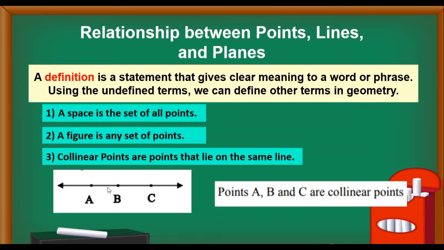Ayan. So, ma'am, paano po yun kung dalawa lang po? Pwede po kayang collinear points? Ang kadalasan po na tinatawag na collinear points ay 3 o higit pang point na nasa iisang line. Tandaan po natin, para matawag na collinear points, dapat 3 pataas na point ay nasa iisang line.